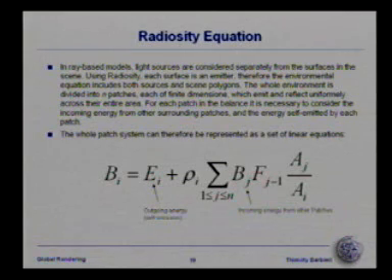It's emitting, but not because of self-emission. Its E_i will be 0, but its B_j, or its sum of B_j, is such that it gives me a positive radiosity. That is a reflection.